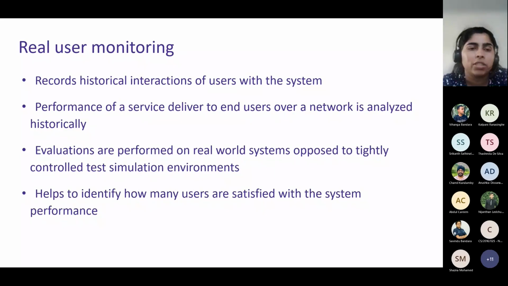Real user monitoring. So this is something with historical data. Based on historical data, come up with solutions to several issues faced in the past. As an example, we can see in that examination result website, we know when the results are released, this system becomes unusable, right?